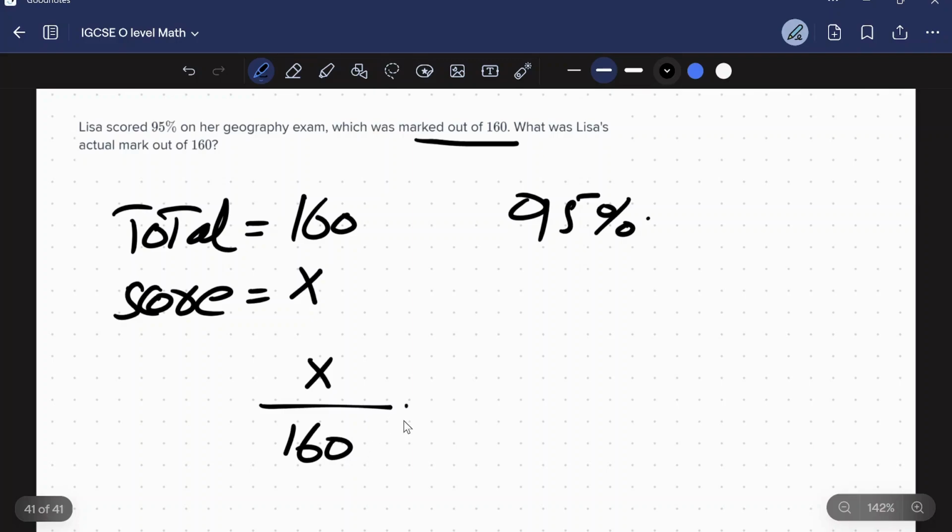That's the fraction of marks she got, right? Now we are interested in finding the actual score, which is x, and we know the percentage. Once we know the fraction of the marks, we just multiply it by 100 to get the percentage, and we can equate this percentage to 95%, because we know she scored 95% of marks.